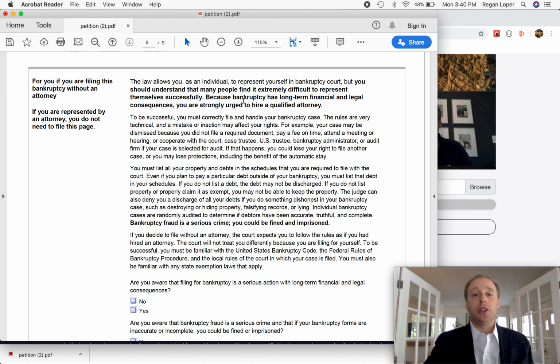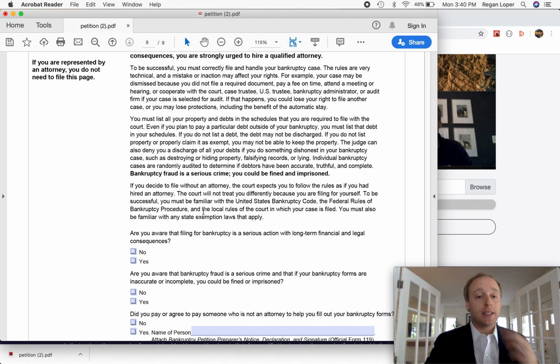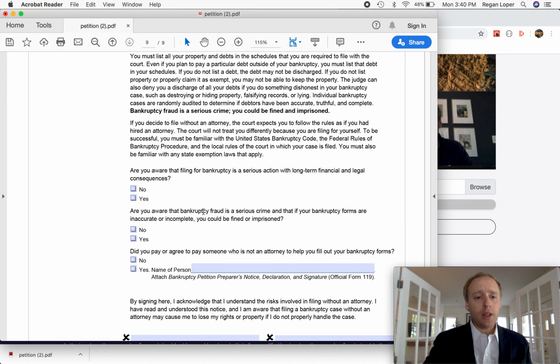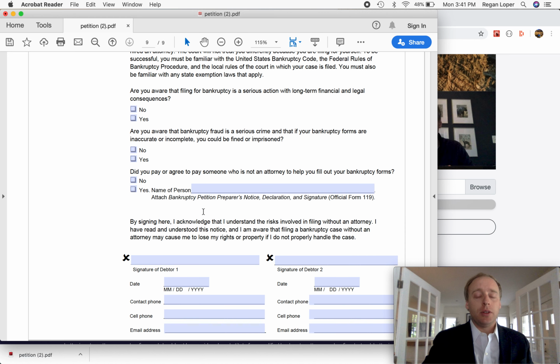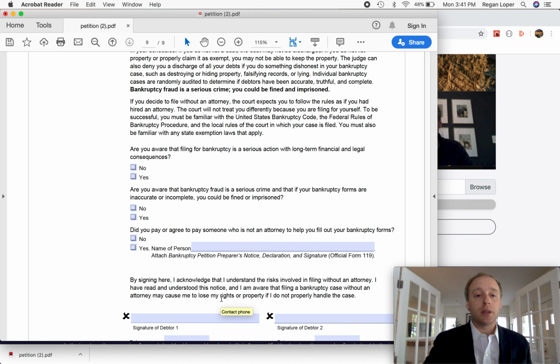Please try to make sure you are sure you want to file a bankruptcy, that you're qualified to do so, and that you feel that you can do so without having an attorney. That's the main thing that this form is getting across. And so, you'd fill out this part and the form's completed.